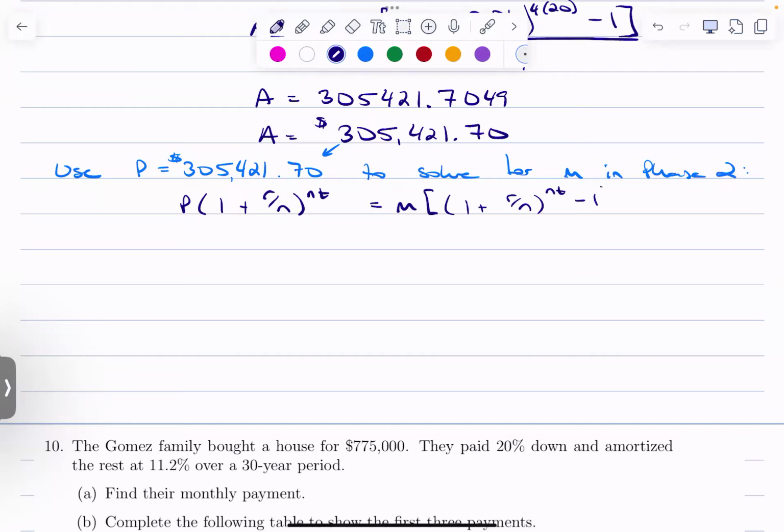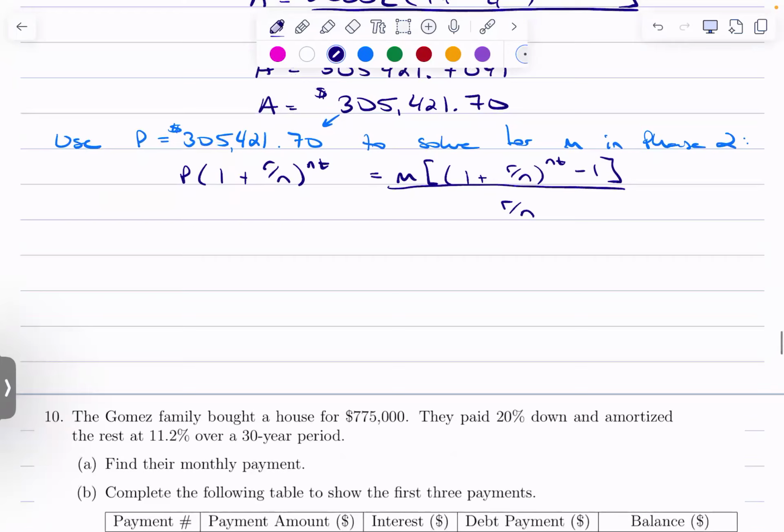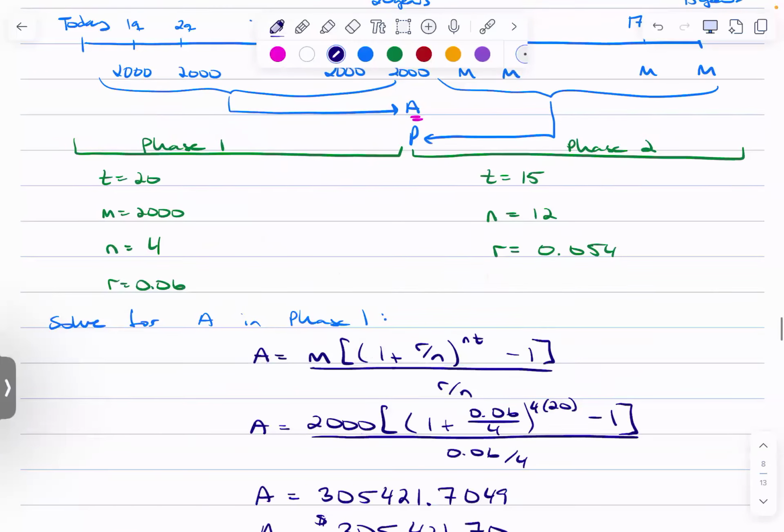P times, and to the T minus 1 divided by R over N. There we go. 305,421.70. 1 plus. Now make sure you change your R and your N, right?